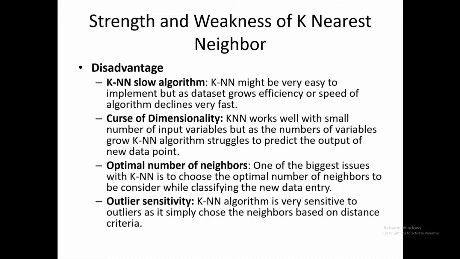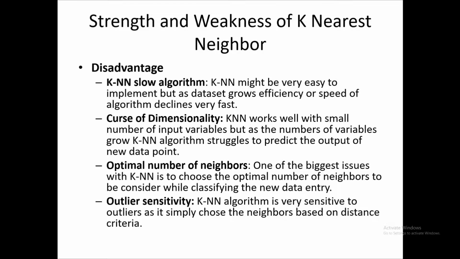And the optimal number of neighbors. One of the biggest issues with KNN is choosing the optimal number of neighbors to be considered while classifying the new data entry, that is, specifying the value of k. It also has another problem of outlier sensitivity.